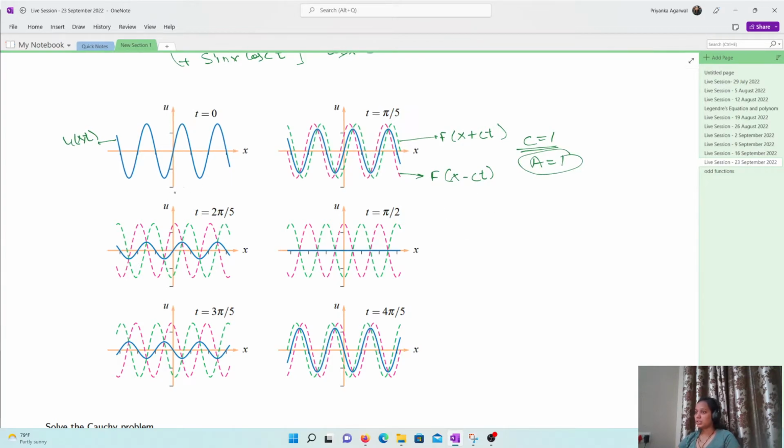Now you see at different times this wave is oscillating with a fixed node. So the node of this wave is fixed, but the amplitude is changing, right? Amplitude is changing in this case, and it is always between 0 and 1. Okay, so the amplitude is always varying between this.